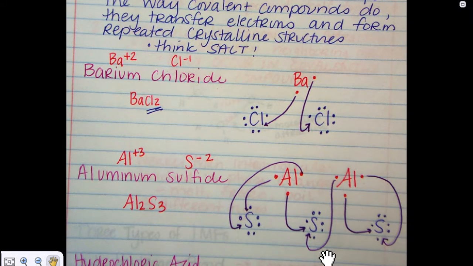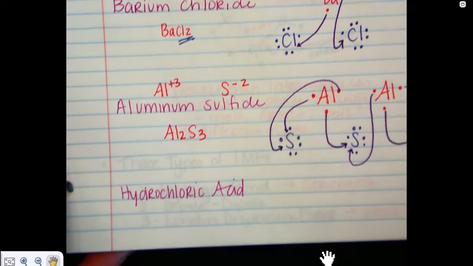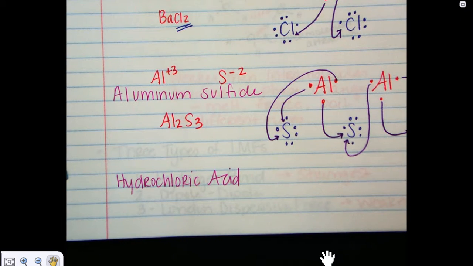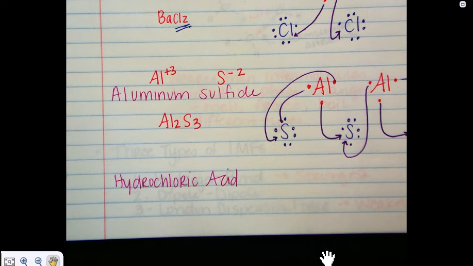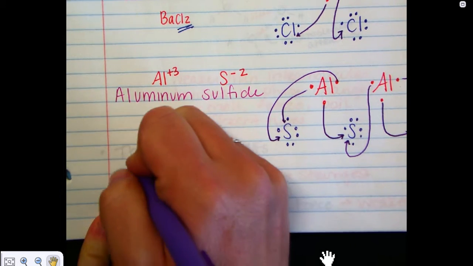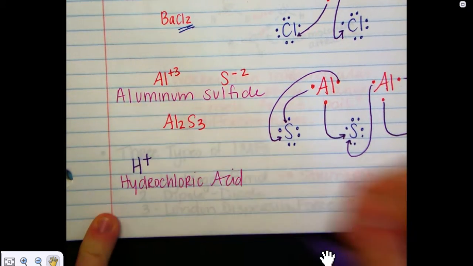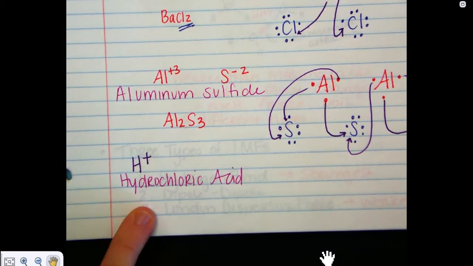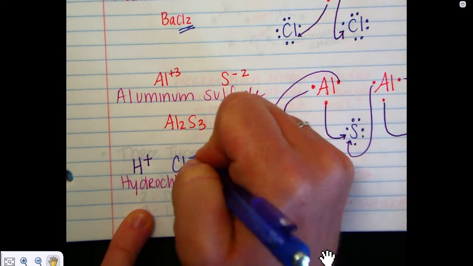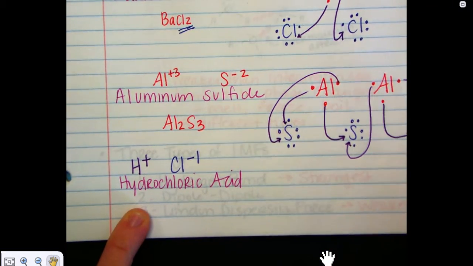All right, our last example, hydrochloric acid. So remember, hydrochloric acid is made of nonmetals, but they behave ionically because of the acidic hydrogen that all acids have to have. So I know that hydrochloric acid is made up of H+1 and Cl-1. And so that's how I draw it, right?